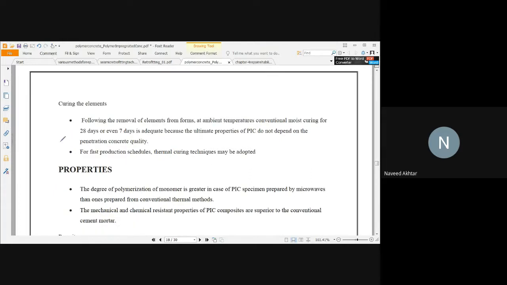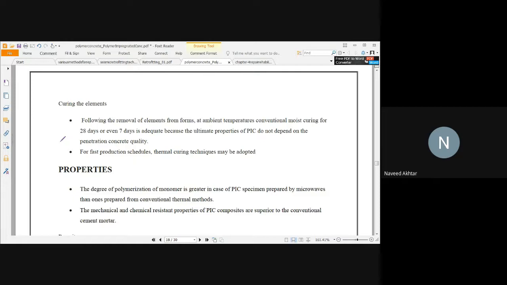Following removal of the element from the form, ambient temperature moist curing is used for 28 days for ordinary concrete. 21 days is adequate for PIC, that is polymer impregnated concrete, which does not depend on the penetrated concrete quality. For fast production, scheduled thermal curing techniques may be adopted.